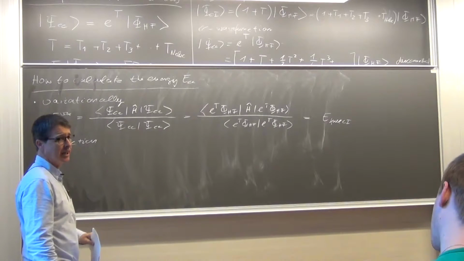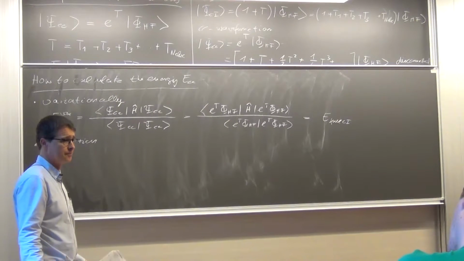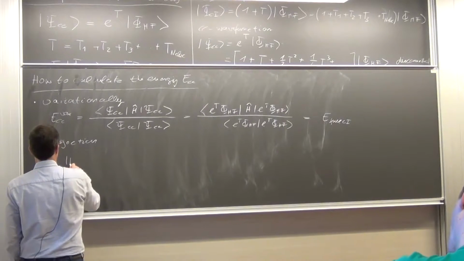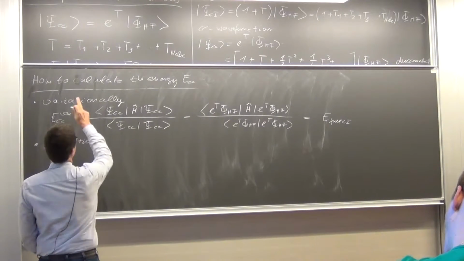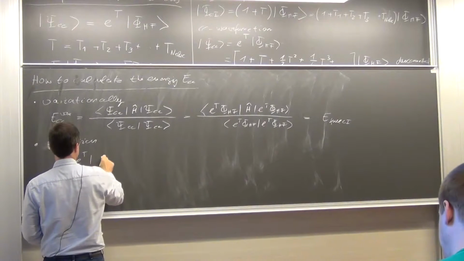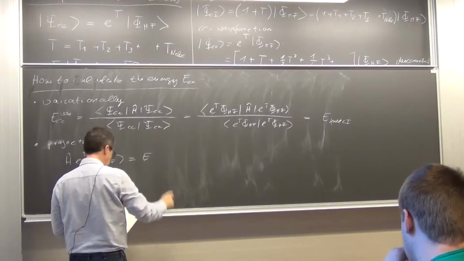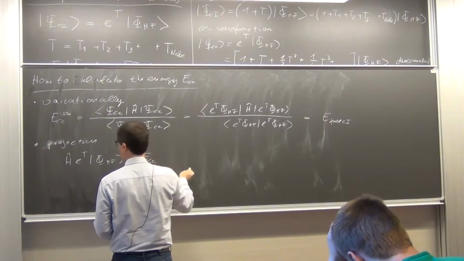And that means we have to insert our wave function in the first place in the Schrödinger equation. So we have our Hamiltonian, we have our wave function. Let's write it immediately like this. E to the T Hartree-Fock is then our energy here at the coupled cluster level.